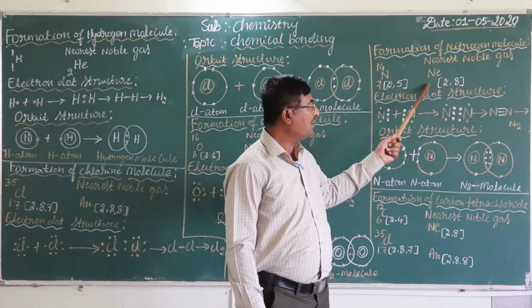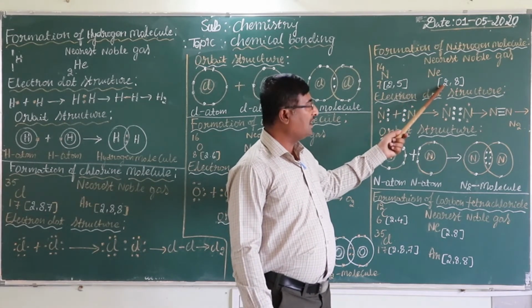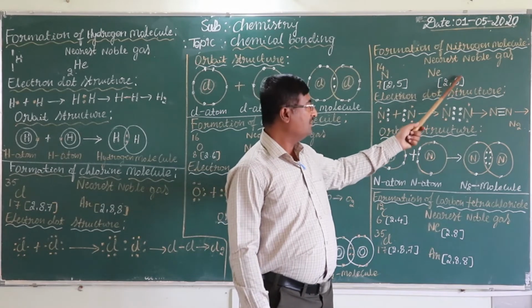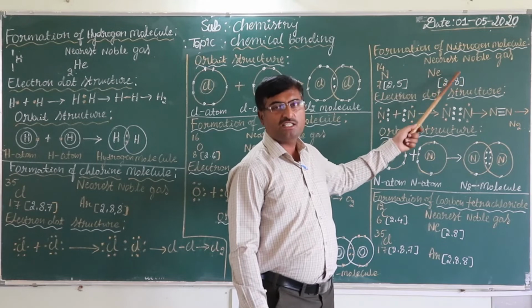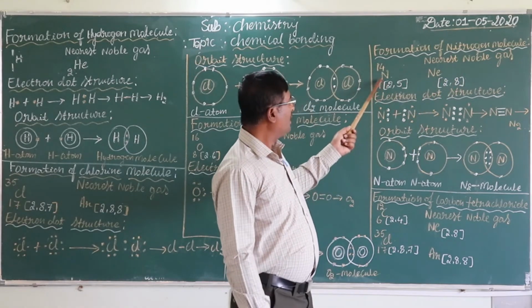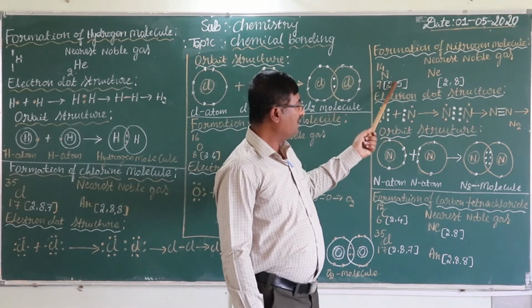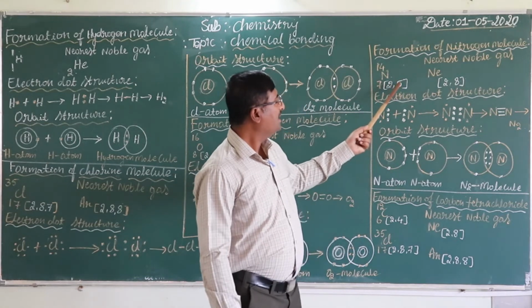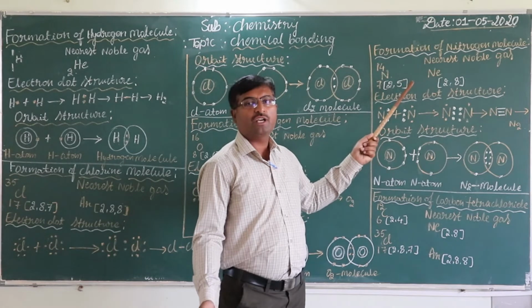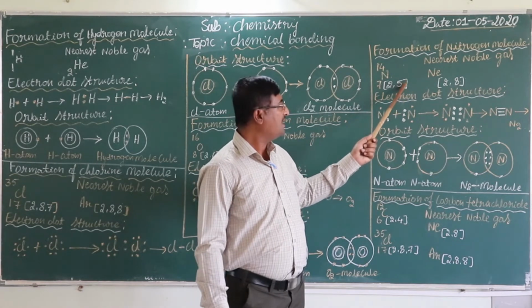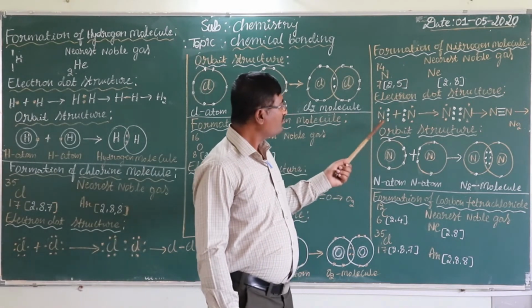Neon has atomic number 10 and its electronic configuration is 2, 8. In its outermost orbit 8 electrons are there, so neon is in a stable configuration. So nitrogen wants to get this stable configuration, which means there is a shortage of 3 electrons. So nitrogen is trying to get 3 electrons to get the stable configuration.